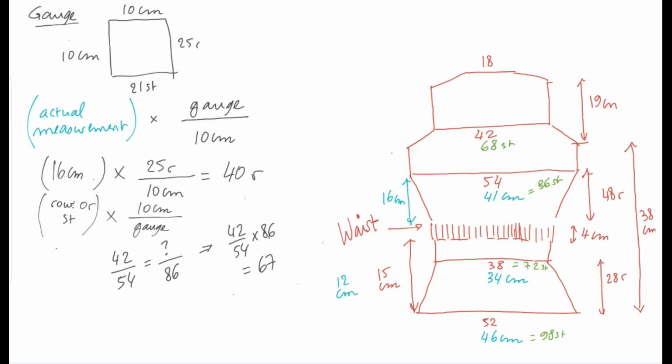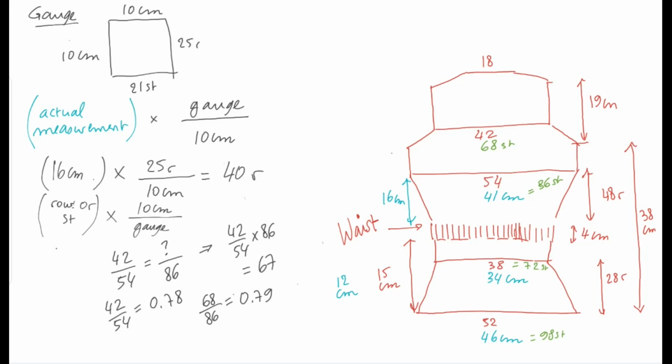If you do 42 divided by 54, we get 0.78. And if we do 68, mine, divided by 86, we get 0.79. So not too bad. It's good to check.